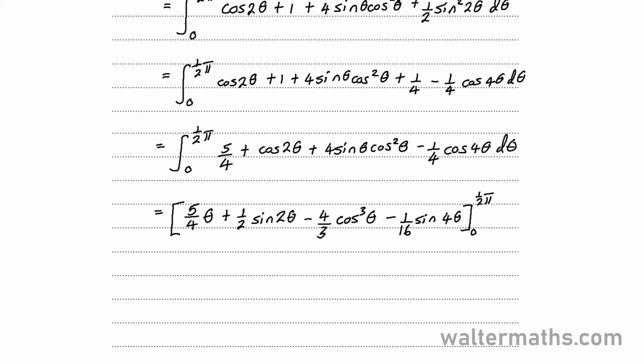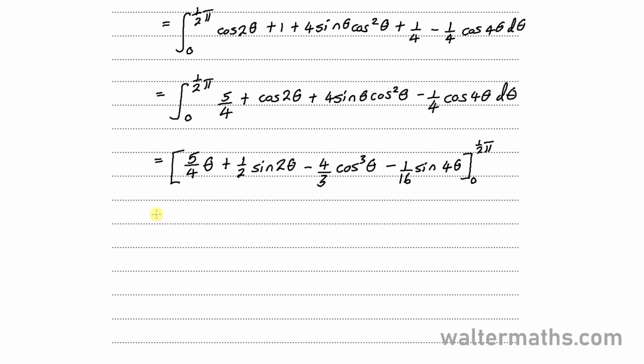So next we substitute a half pi into this. So if we do that, we'll be having 5/4 of a half pi, and it's plus a half of sine 2 of a half pi, which is like sine pi, which is 0, and it's minus 4/3 of cos cubed of a half pi.